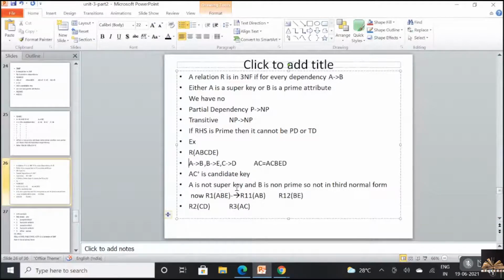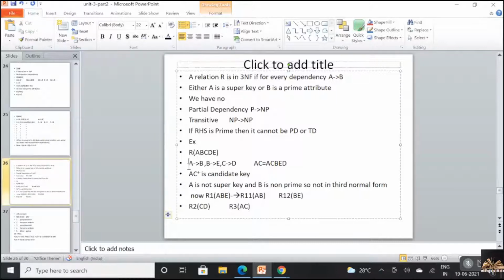A is not a super key and B is non-prime, so it is a violation of this particular concept. Looking at the first FD itself, I can say that this relation is not in third normal form.